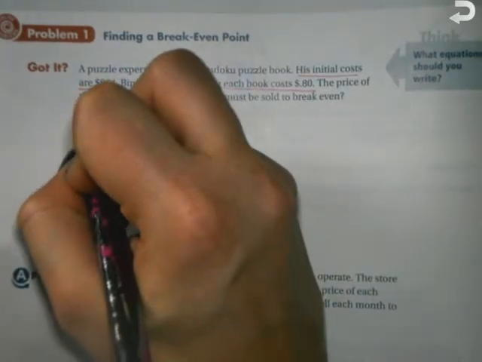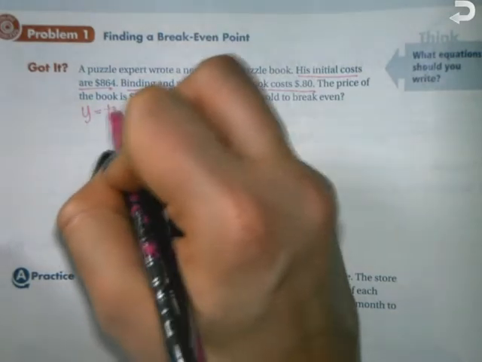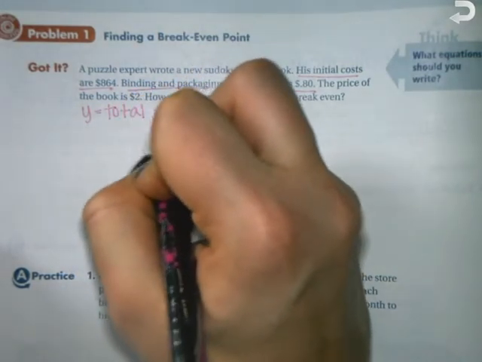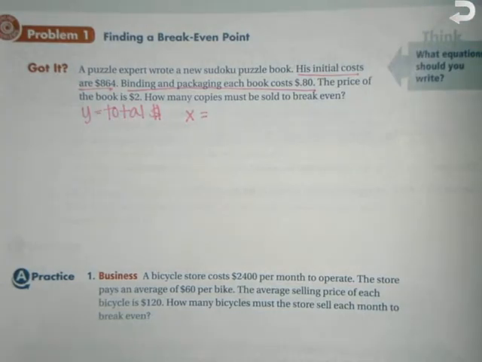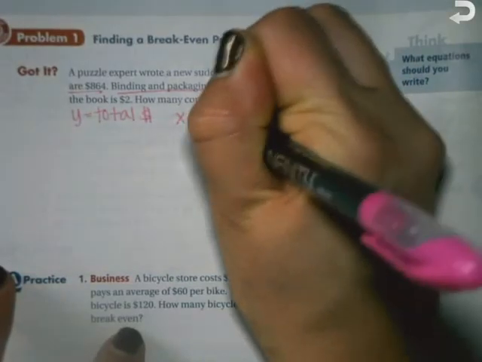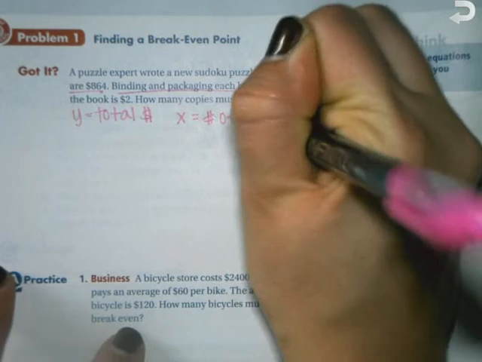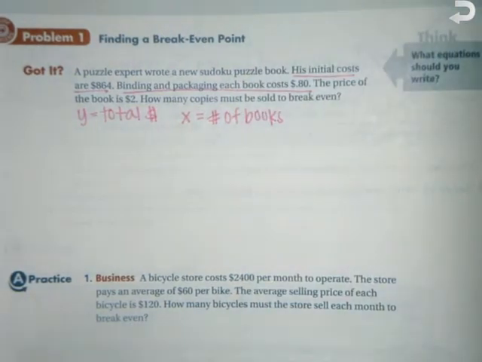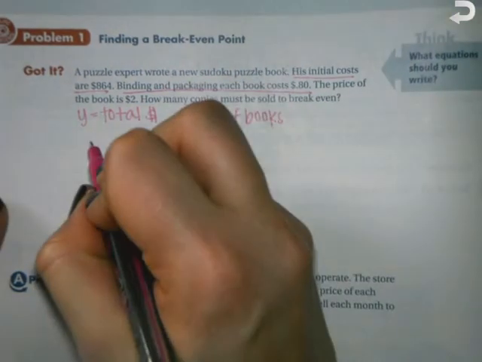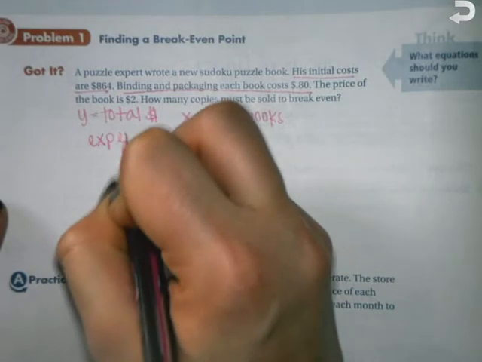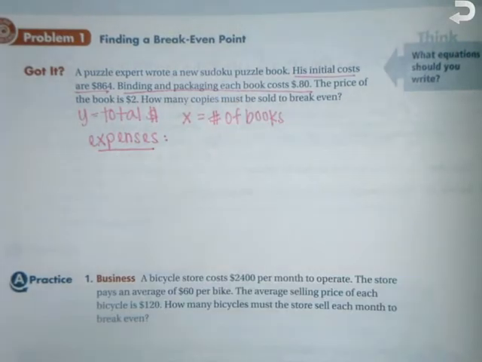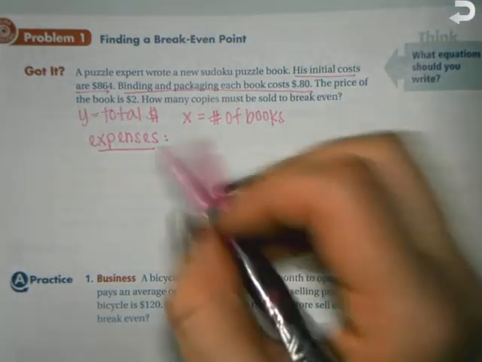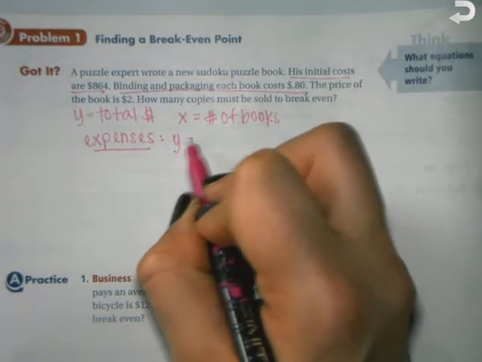So let's define some of our variables. Y is going to be the total money, and X is going to be how many books, right? Number of books. So before we even continue, let's write an equation for his expenses. His expenses are going to be Y equals what?